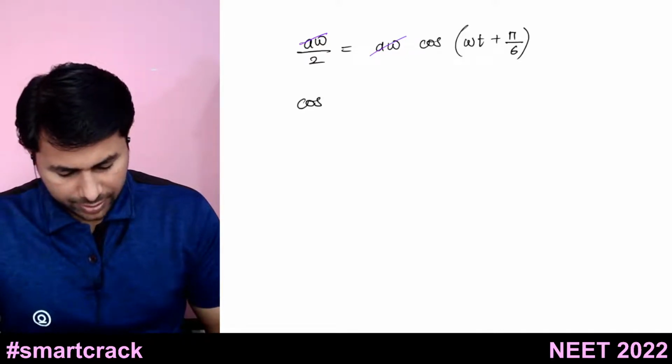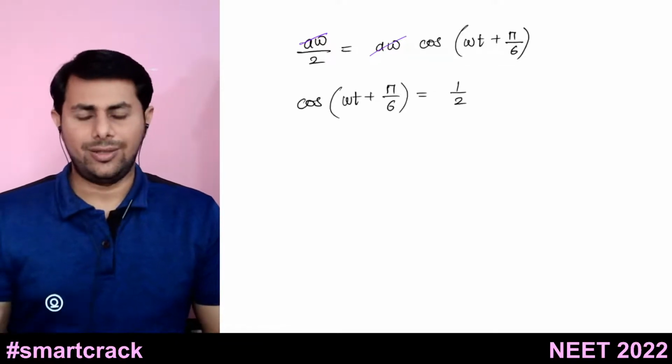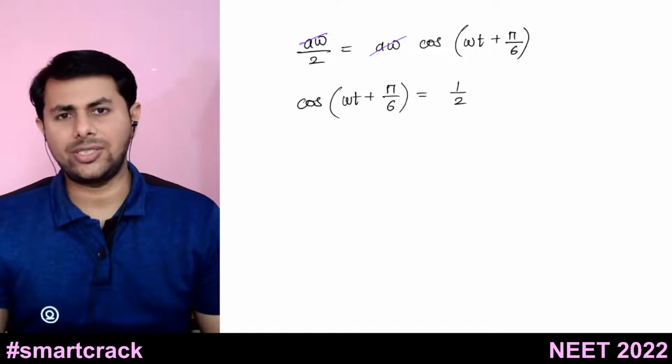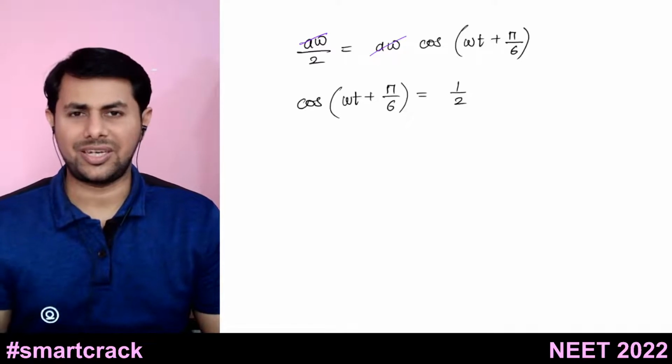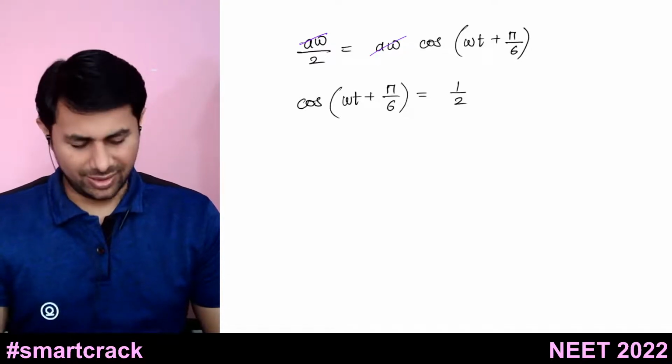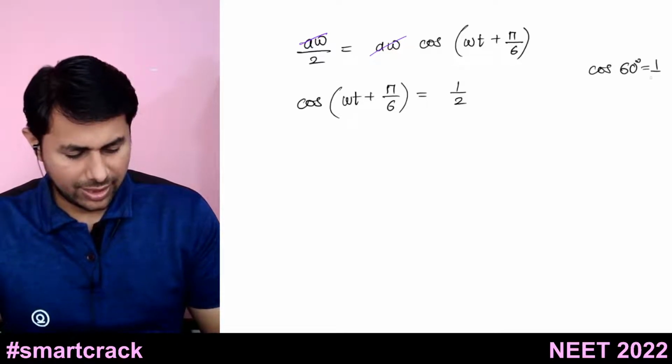For which angle is cos equal to half? Sine 30 is half, that is, cos 60 is half. So cos of 60 degrees is equal to half.